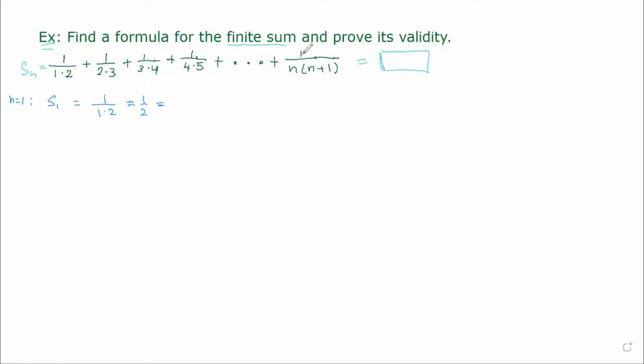The last term we have is the nth term, n times n plus 1, right? So we can observe here 1, 2, 3, 4. That's why they have n here. So this is the nth term, right? And the second factor starts from 2, 3, 4, 5, and so on, should be 6, correct?